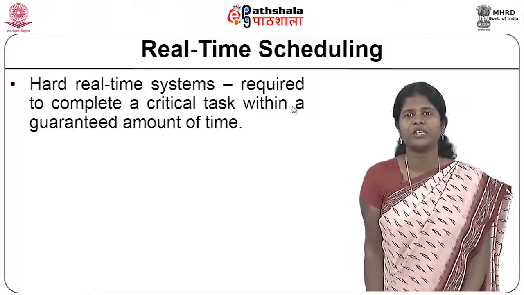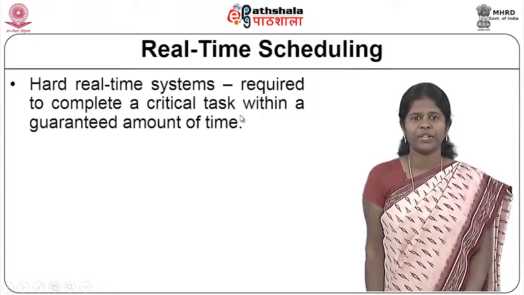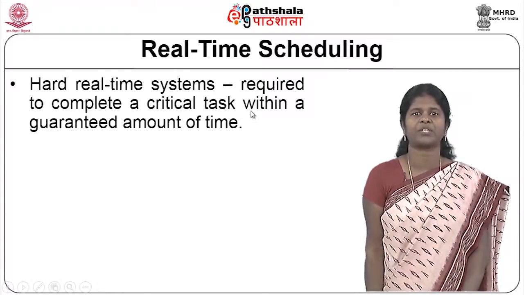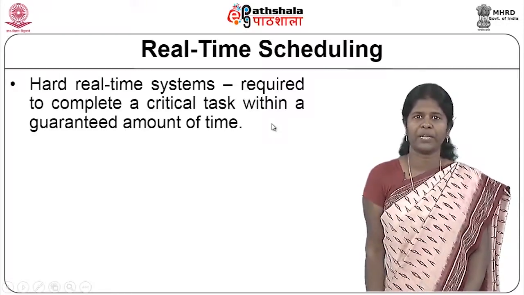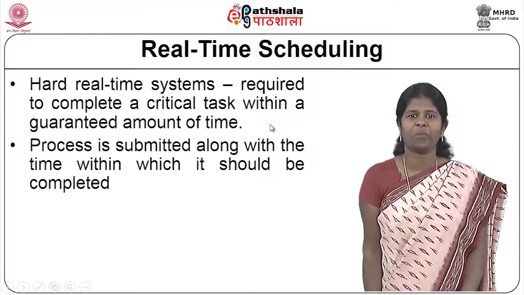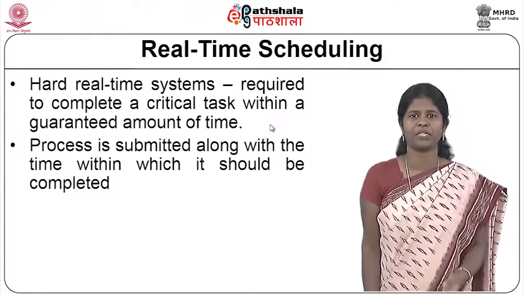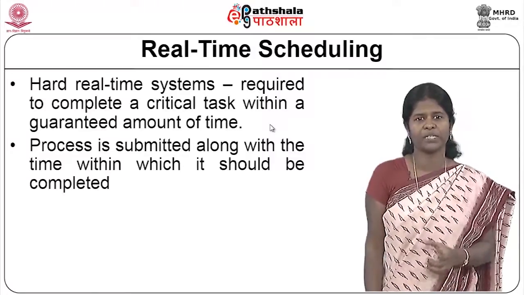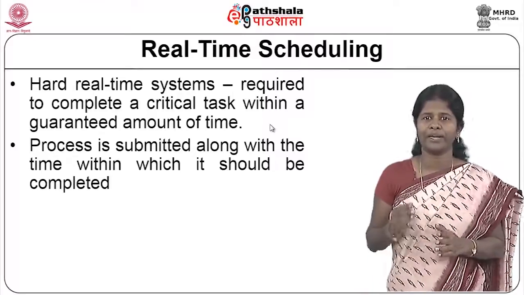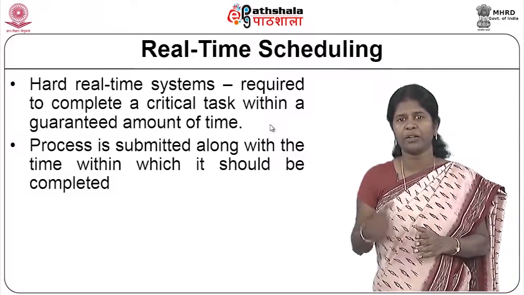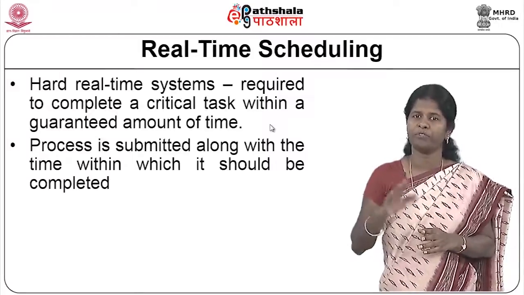Now, how is scheduling done when you are looking at real-time systems? First looking at hard real-time systems, as I told you, a critical task has to be completed within a guaranteed amount of time. So, in hard real-time systems, first the process is submitted along with the time within which it has to be completed, or the deadline for completion of a particular process is told beforehand.